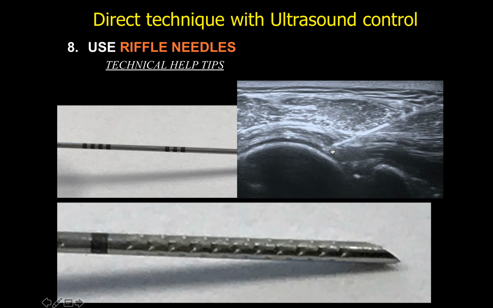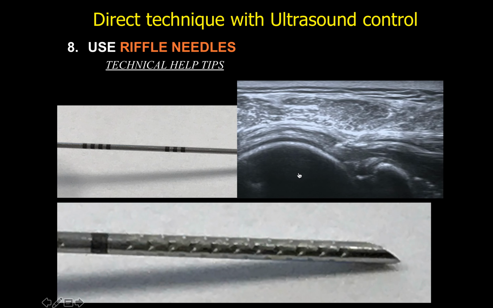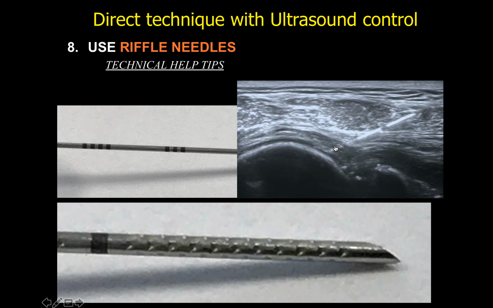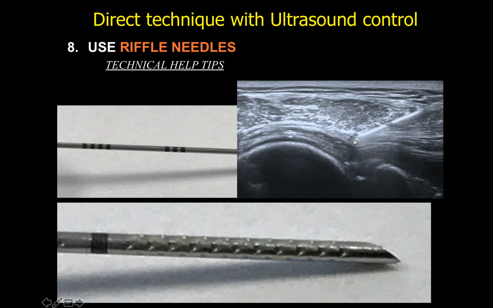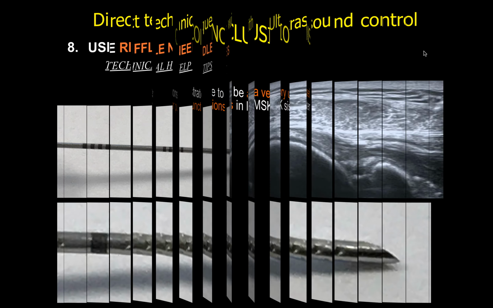This solution is very good when we infiltrate very close to the nerves, or in some difficult positions. We can use this type of needle, which we will see better.